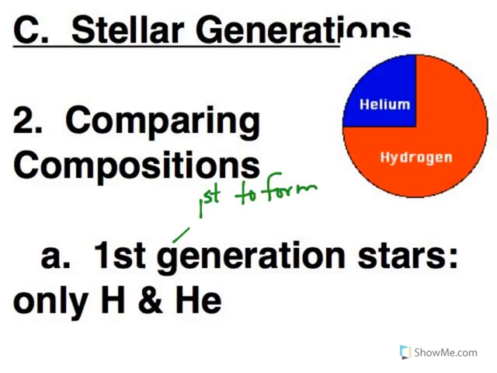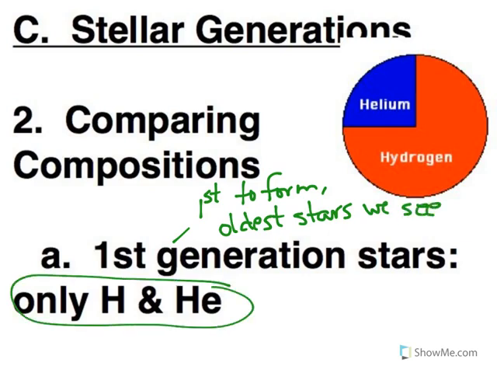And of course, the lowest mass first generation stars are still around. So these are also going to be the oldest stars we see. And these are going to only be composed of hydrogen and helium, that original mix from when our universe began.